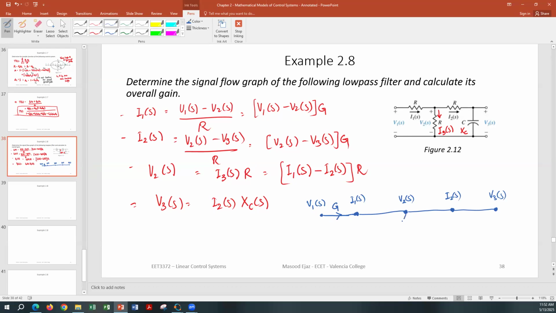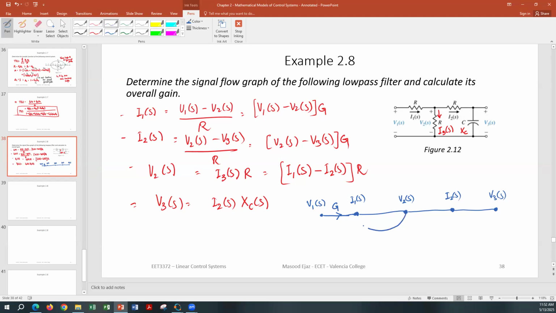So I'm going to bring a loop, and I should not put an arrow over here. The arrow is going to represent the gain of the branch.